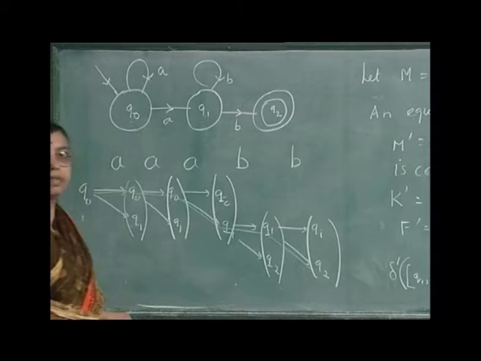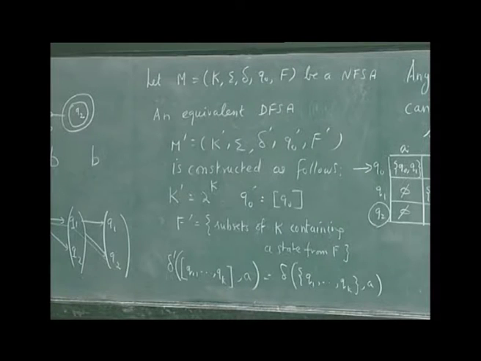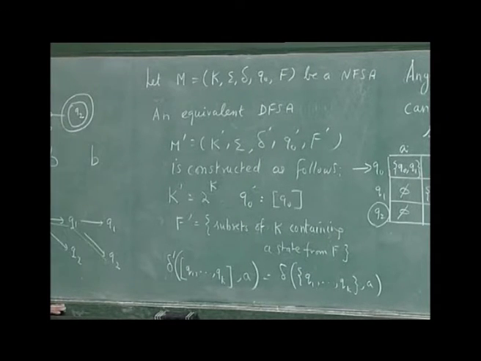This is the construction for the non-deterministic automaton, and the proof is like this. I shall not go into the details of the proof because it may take quite some time. The main idea is how you go about the subset construction.